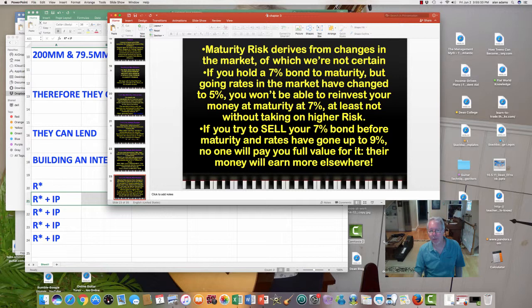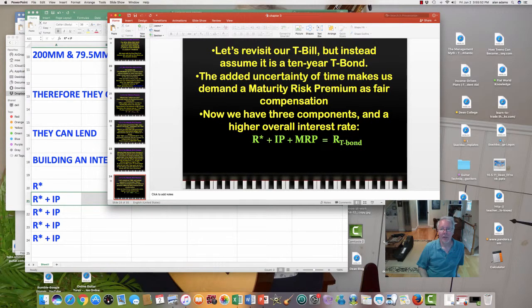So you might be able to find a 7% bond in the future, but to do so you'll have to take on more risk. Remember, the greater the risk you take on, the more of an interest rate, or a rate of return, you will seek on your investment, okay? All right, so for that maturity risk, instead of a T-bill, the short term, let's assume you invest in a 10-year T-bond and you have no idea, no one has any idea where interest rates are going to go.